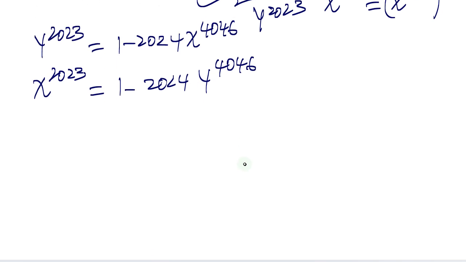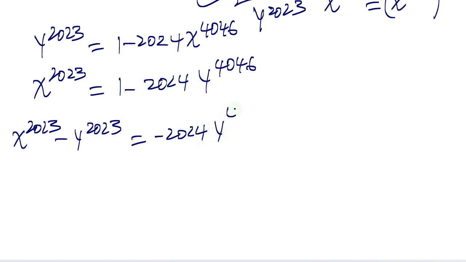So now I'm going to say this one minus this one, so this is going to be x to the 2023 minus y to the 2023. This one will cancel with this one, so minus 2024 y to 46, and then plus 2024 x to 46.